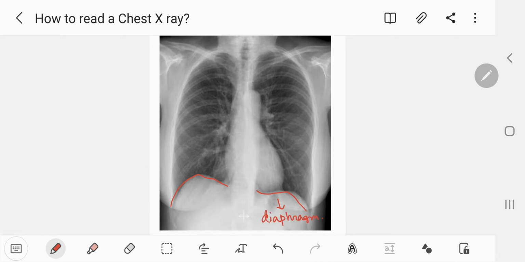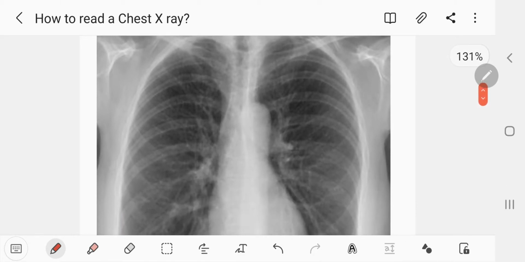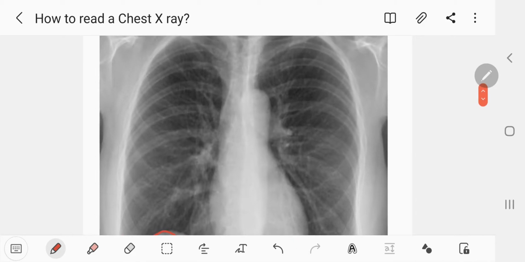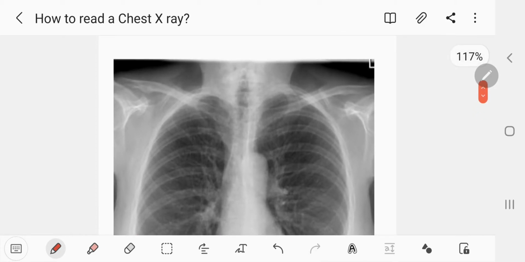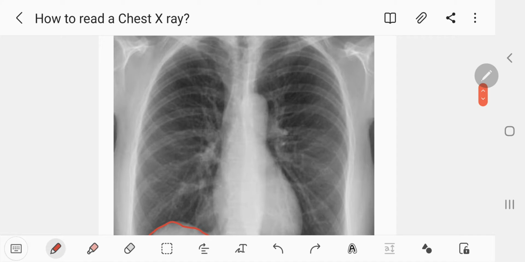Let's zoom in a little bit and appreciate the other borders here. You can see the white and black areas all over. The white opacities here are actually the bones, so I'll come to them later. First, let's appreciate this curve over here.